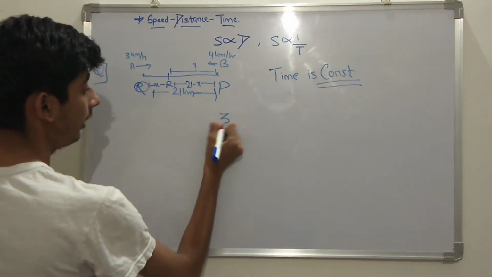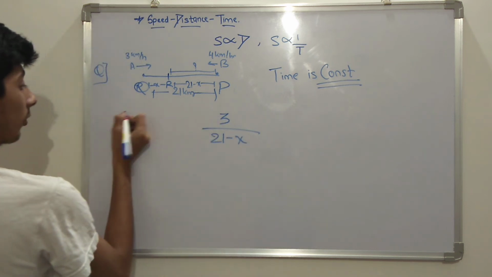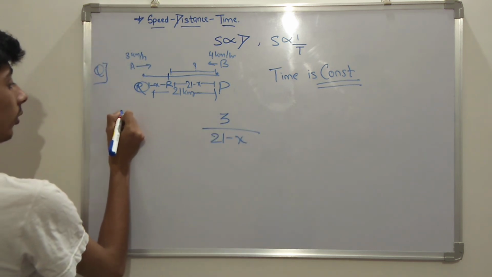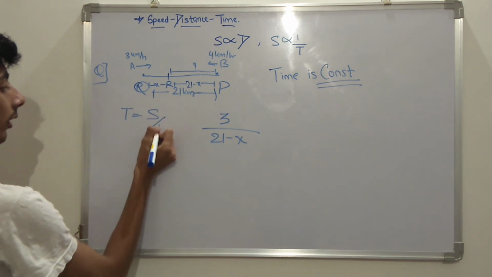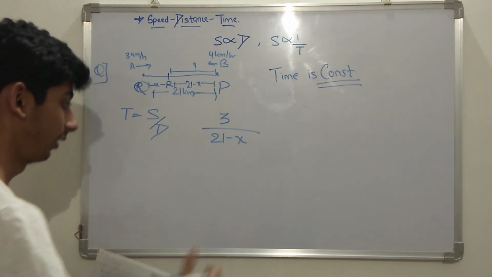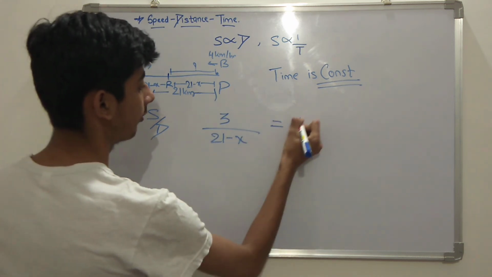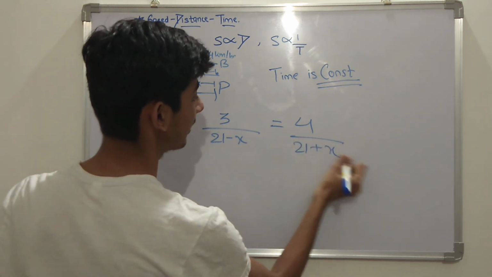So 3 upon 21 minus x. Now this time is constant, so time is equal to distance upon speed. So when speed is 3, it is 21 minus x, and it is equal to, when speed is 4, 21 plus x.